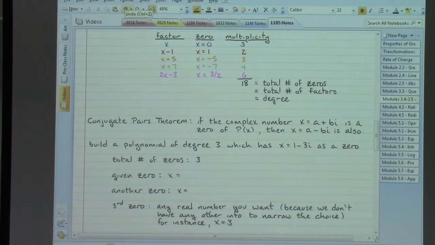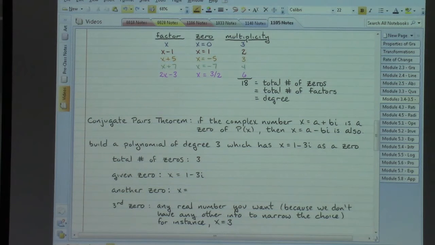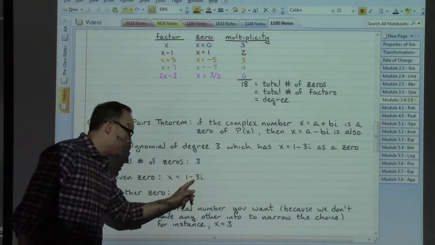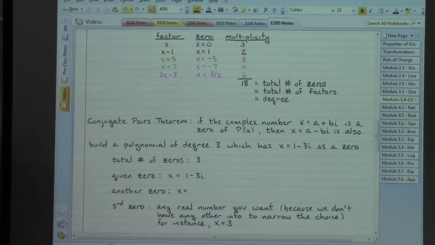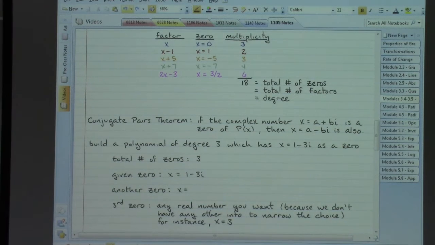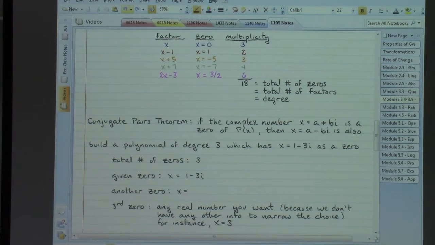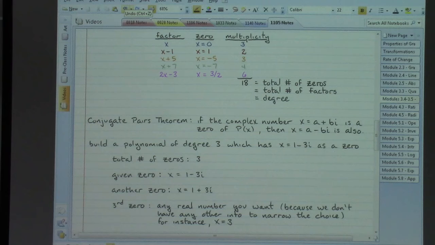We're expecting to have a total of 3 zeros, but they only told us 1. But that is a complex number and has to have its conjugate pair coming with it. The conjugate pair would be, in this case, 1 plus 3i. So another zero that automatically has to show up is x equals 1 plus 3i.